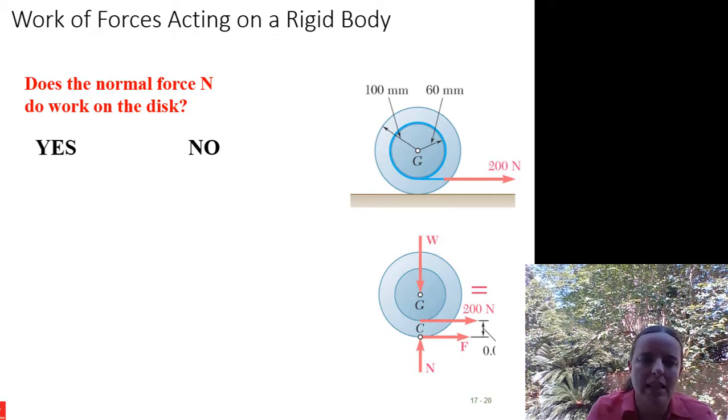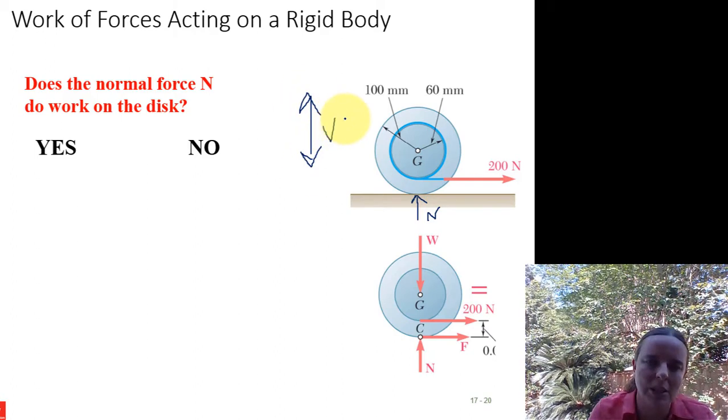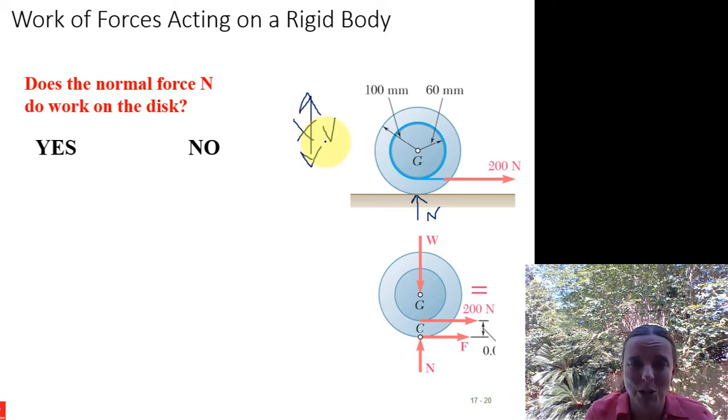Okay, here we go. Does the normal force do work on the disk? It's sitting on the ground, and the ground is pushing up with some normal force. Well, remember, work has to be moving in that direction, right? So it would have to have some velocity in the y direction, which it doesn't look like in this situation; it's not going to come up off the ground or anything.